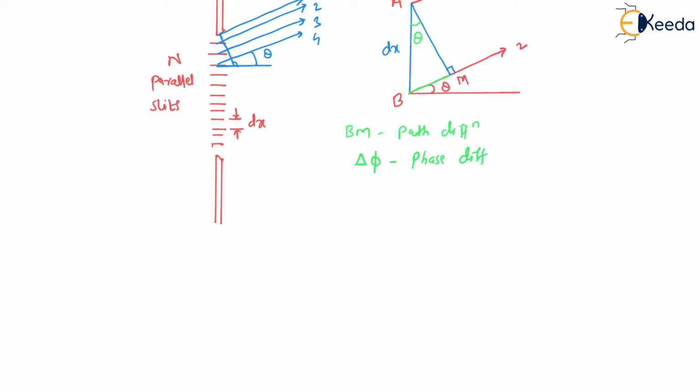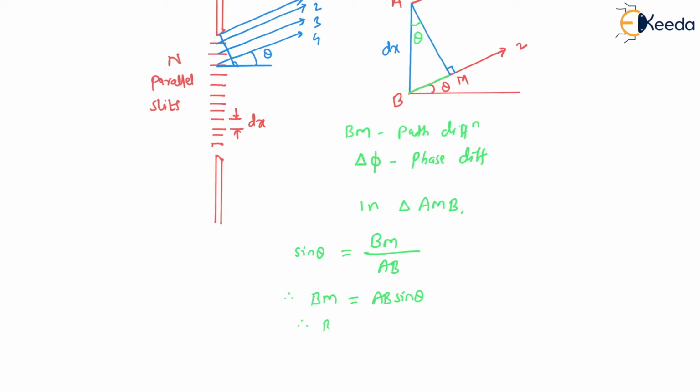Now see, from this diagram, in the right angle triangle AMB, sine theta will be opposite upon hypotenuse, so it will be BM upon AB, and therefore BM is equal to AB sine theta.